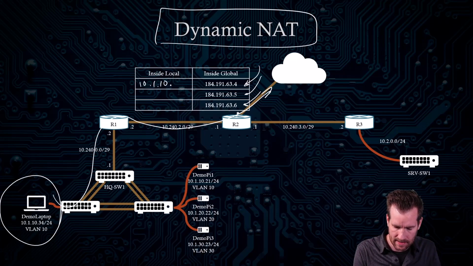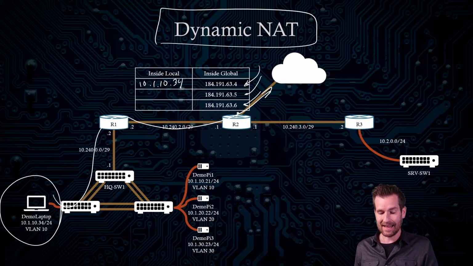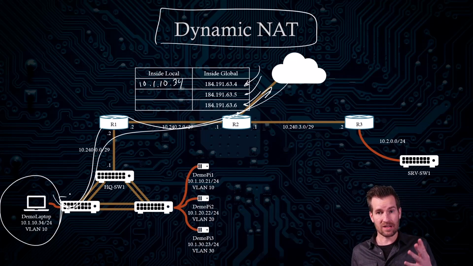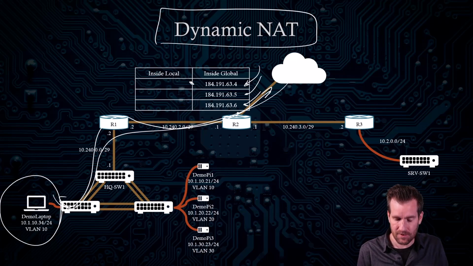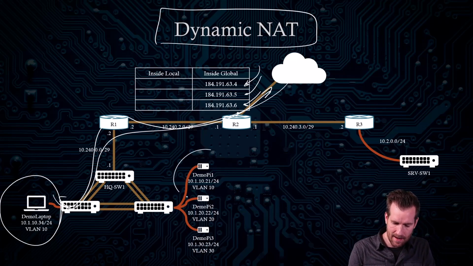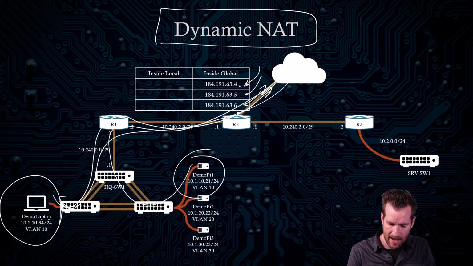So 10.1.10.34 will be assigned there. It'll go out to the outside world, get the information it needs, and then once that communication is taken down, it will free up this spot for somebody else. And then this demo Pi will reach out, and it will fill the slot right here, 10.1.10.21.